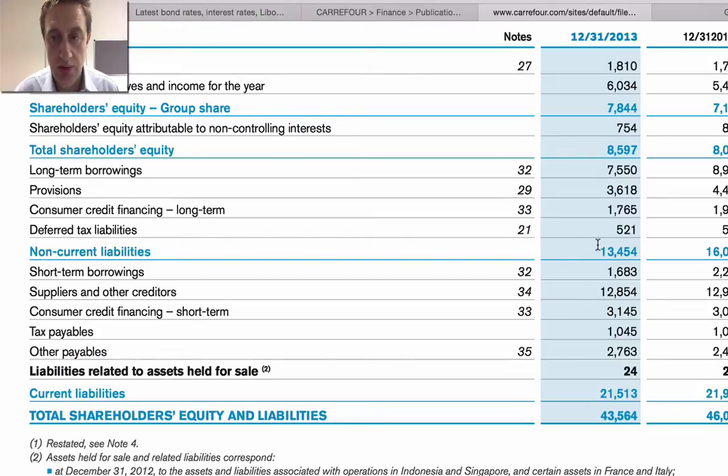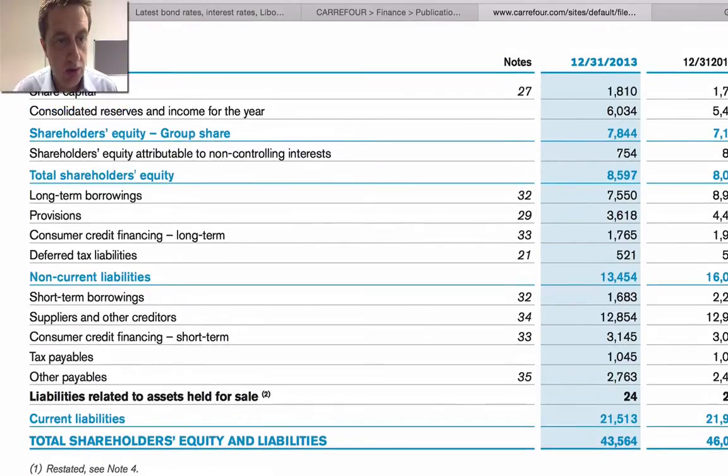total non-current liabilities is, now you've got to make sure that it's the right currency. So I would say 13.454. Now, one thing you can look at is the short-term borrowings, because if a company's rolling over short-term borrowings all the time, then you could argue that is actually a type of financing.